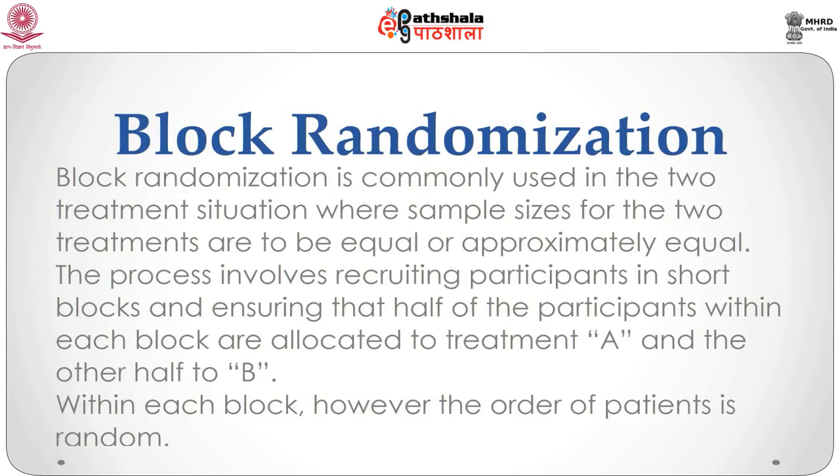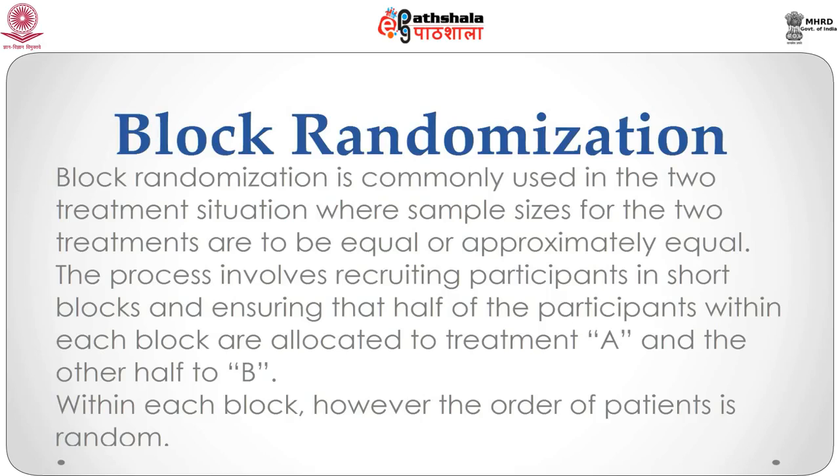Here we recruit participants in small blocks and in such a manner that we ensure that half of the participants within each block are allocated to treatment A and the other half to treatment B. Within each block, however, the order of the patients is random.